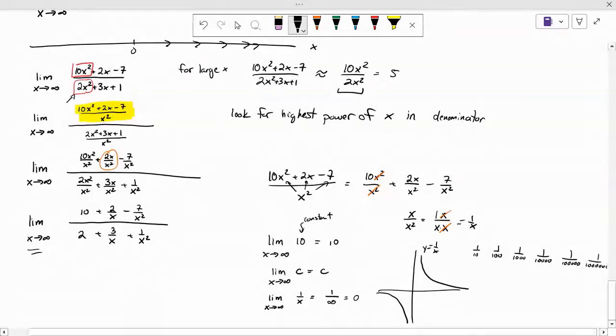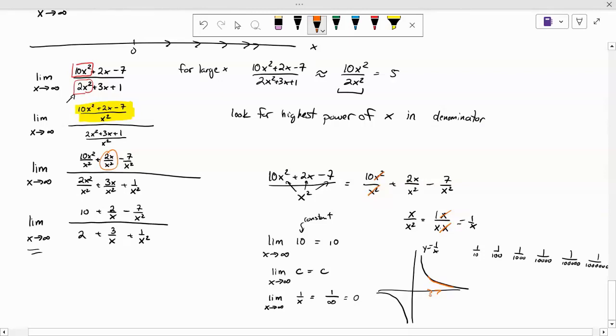The numbers are getting smaller. They're approaching what? So as x goes to infinity, the graph is approaching the x-axis, so the y values are approaching 0. Right?